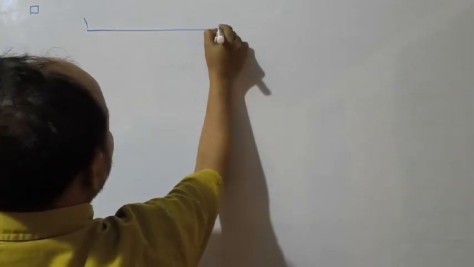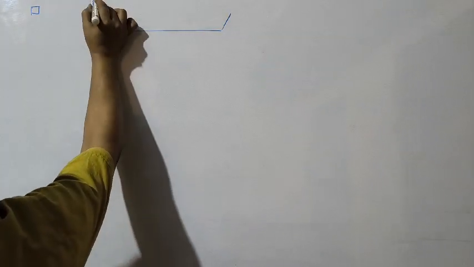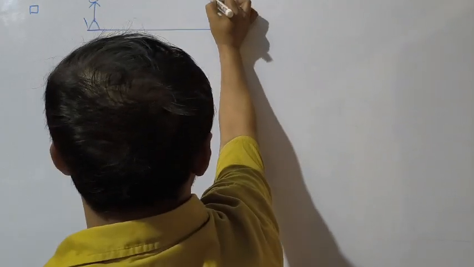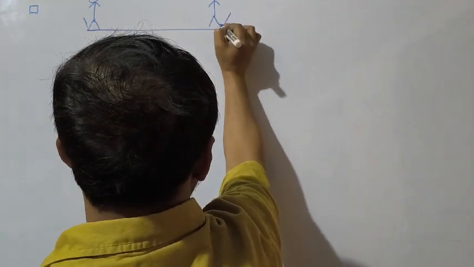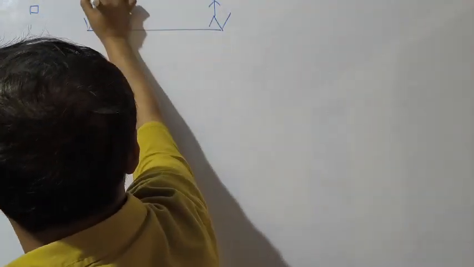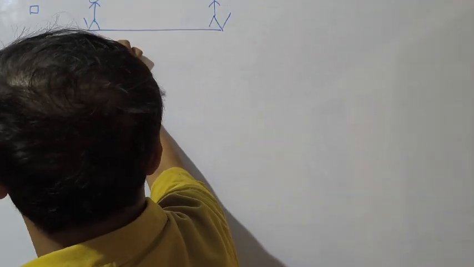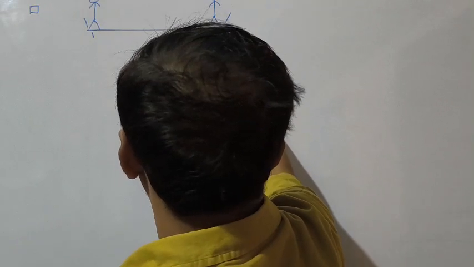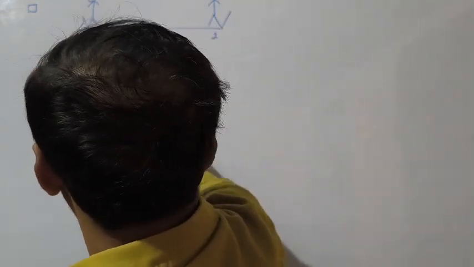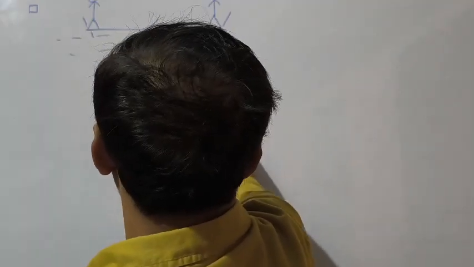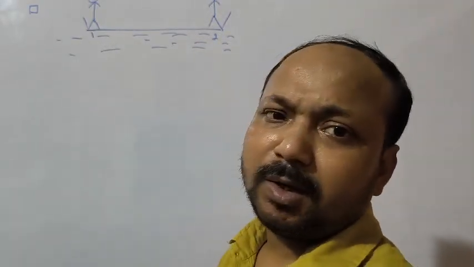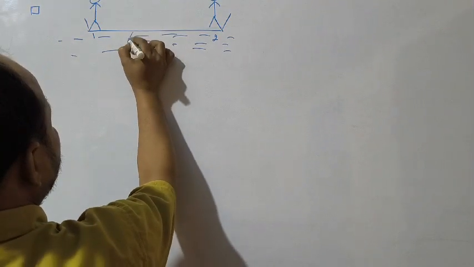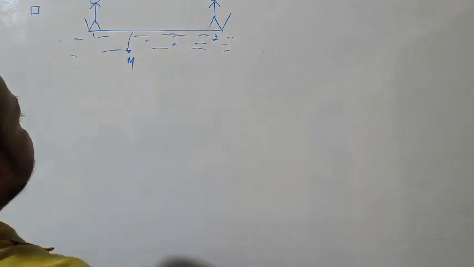Let's say there is a boat and a man standing here, and another man also standing here. Let's say this is M1 at position 1 and this is M2 at position 2, and this is all river. There is no friction between the river and the boat surface.